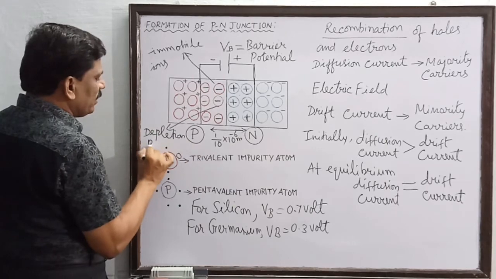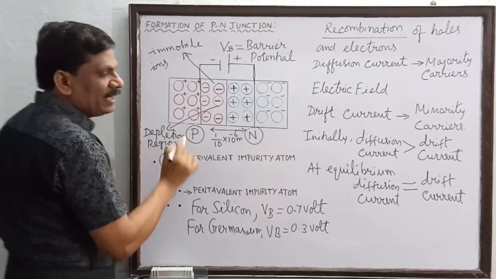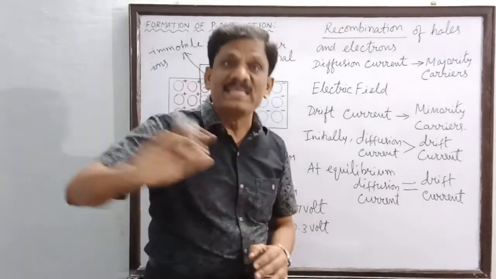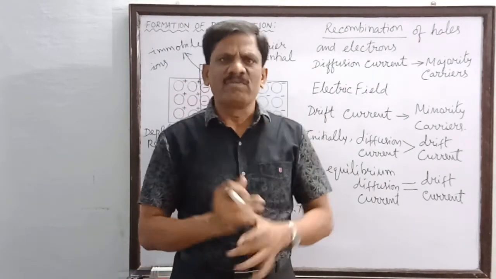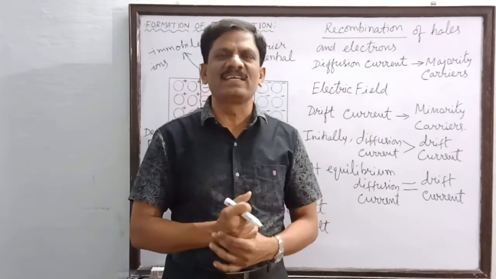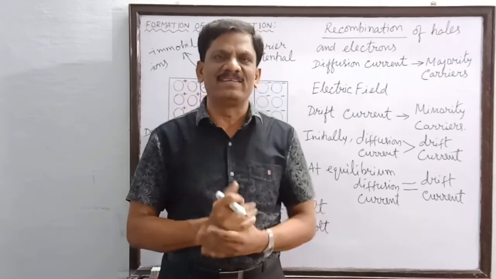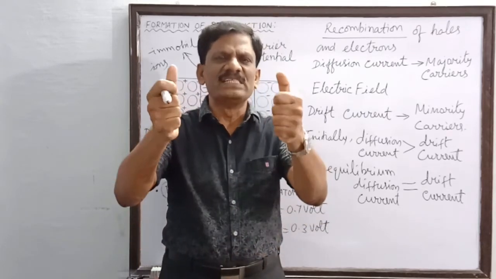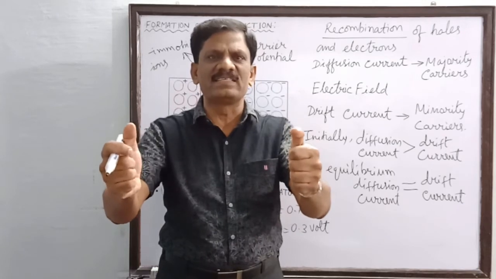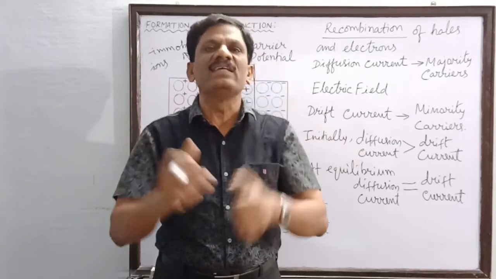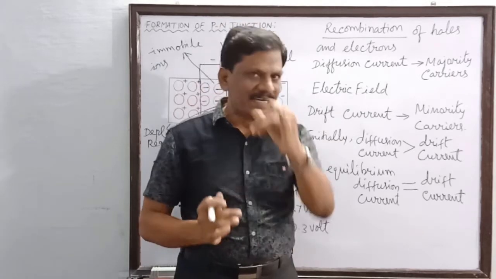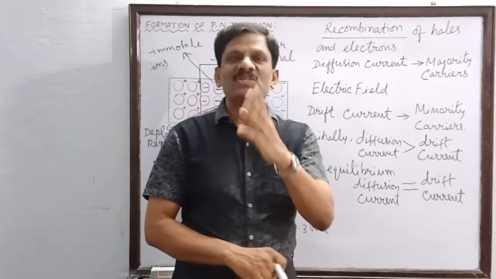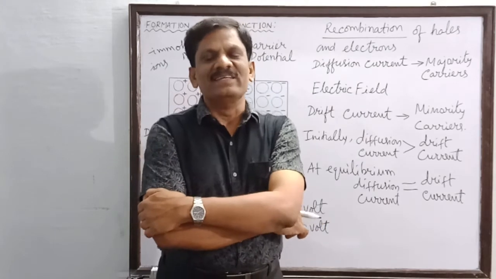Why is it called a depletion region? Because this region is depleted of the free charge carriers. Charges are of course present, but they are not free charge carriers. They are due to immobile ions, which are firmly packed within the crystal lattice so that they cannot move easily. So this region is called the internal potential barrier and also the depletion region.